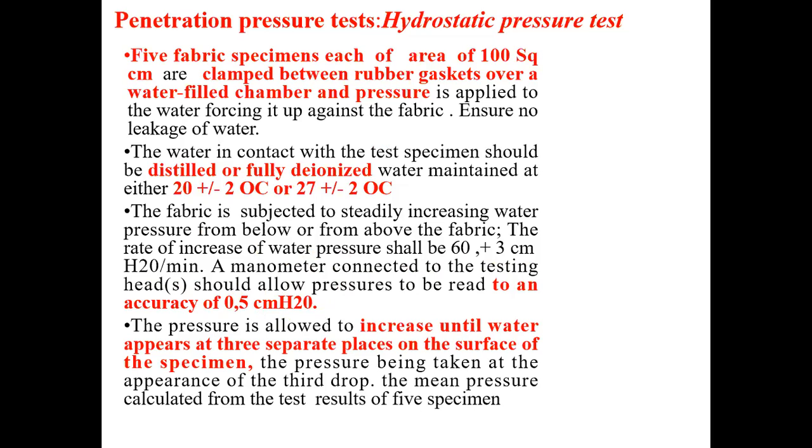The pressure is allowed to increase until water appears at the 3 separate places that I have already discussed, and we have to measure that particular pressure. The pressure is taken at the appearance of the third drop, and the mean pressure is calculated from the result of the 5 specimens.